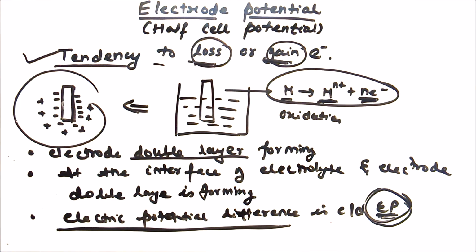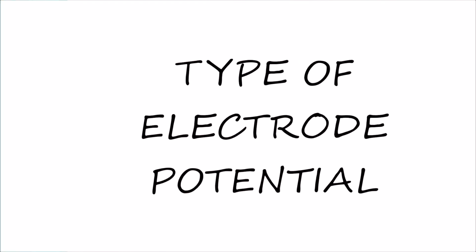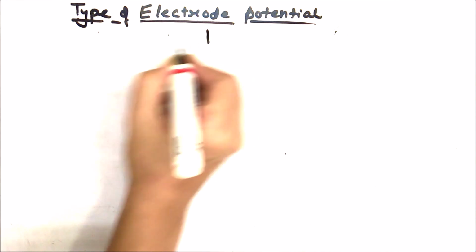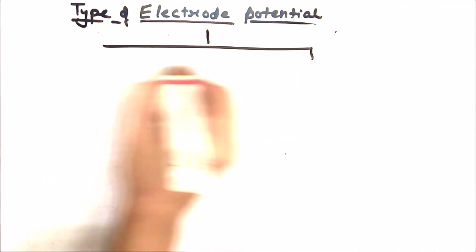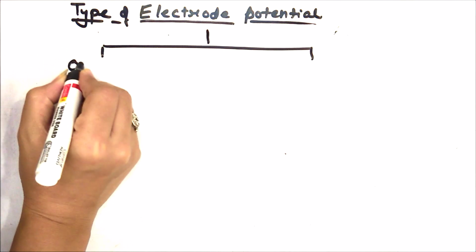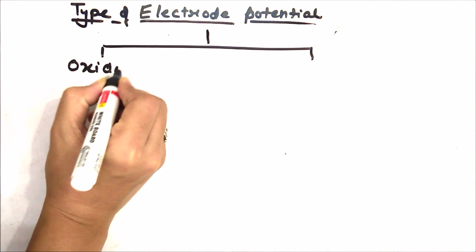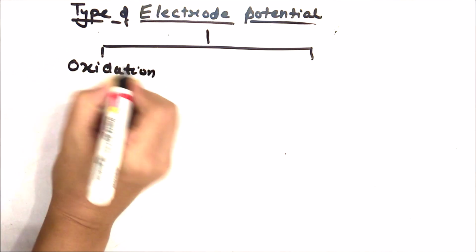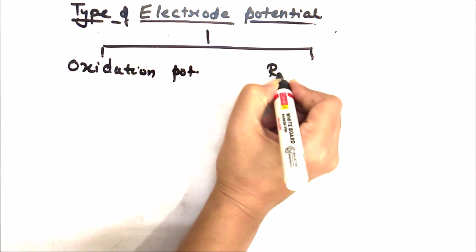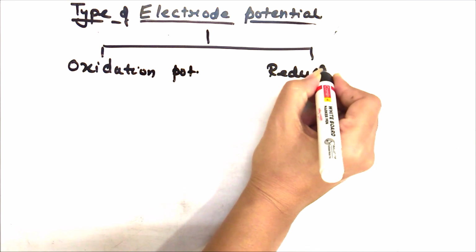So let's see the types of electrode potential. There are two types of electrode potential. The first one is oxidation potential, and the second one is reduction potential.